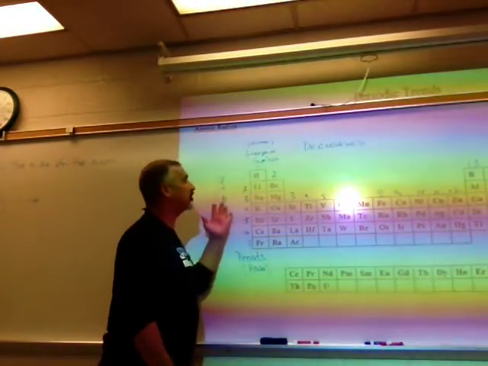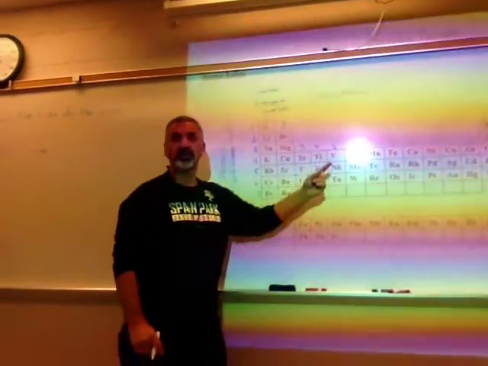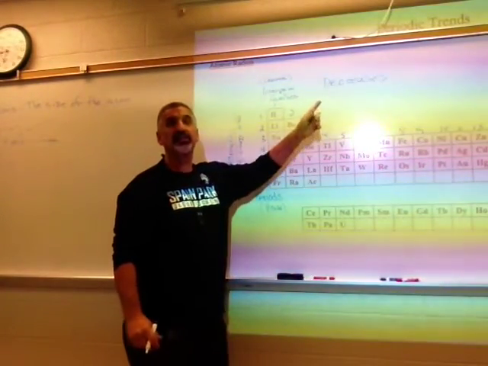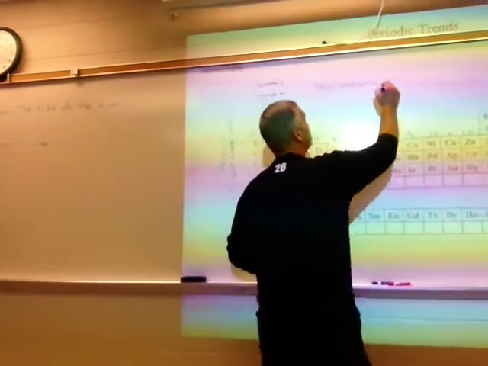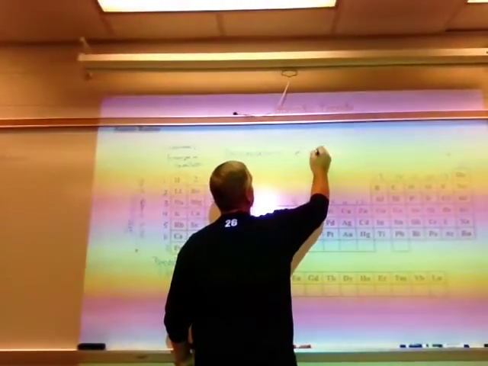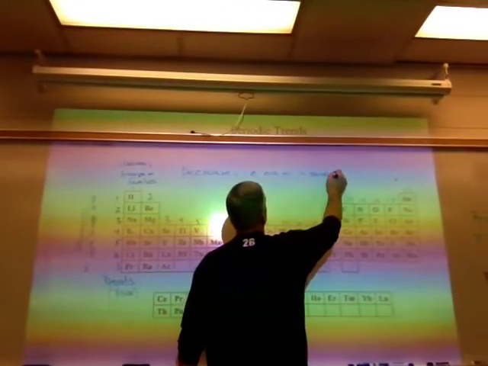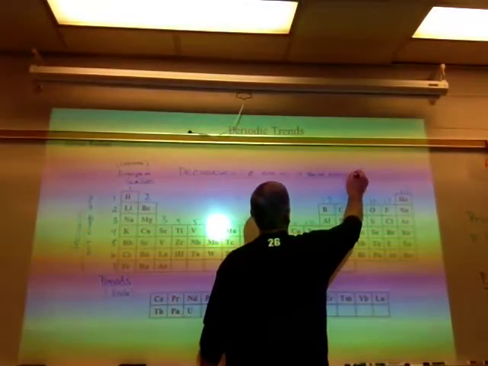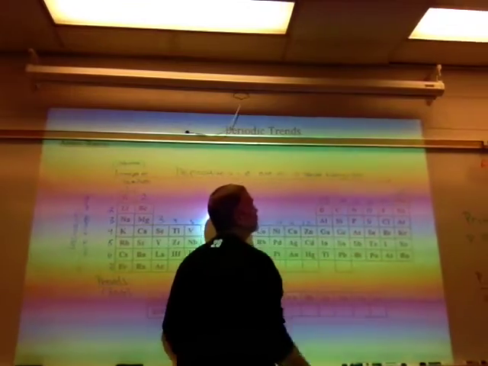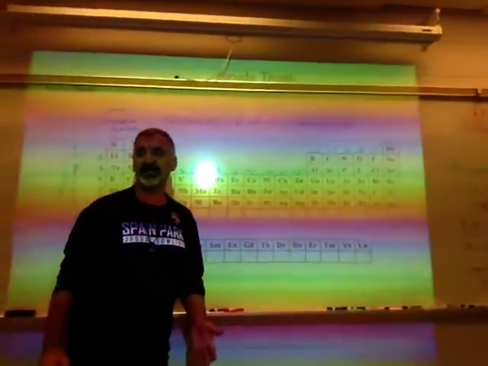As we're going across in a period, we say it decreases. So the electrons are all in the same energy level. So what does that mean again about size?